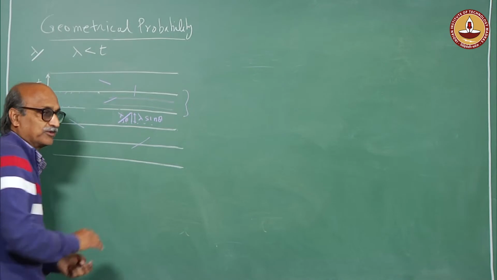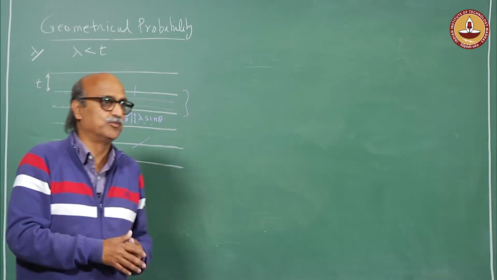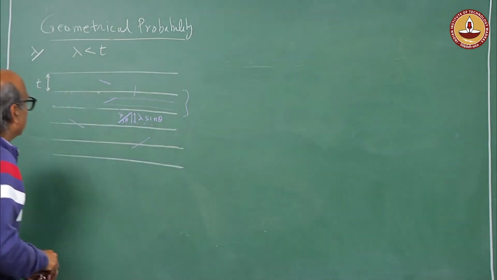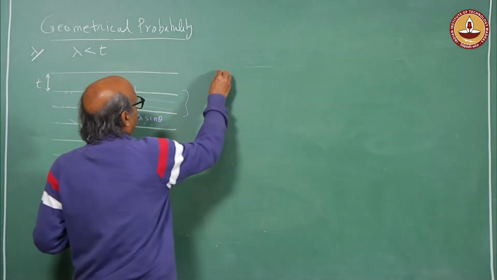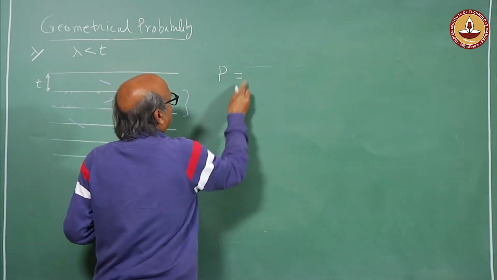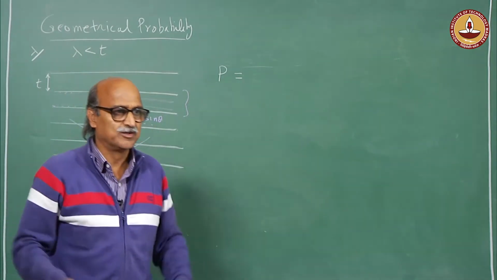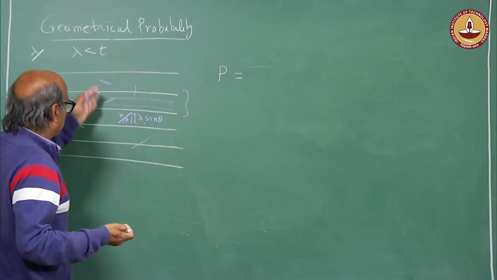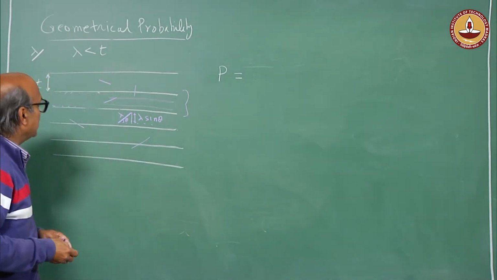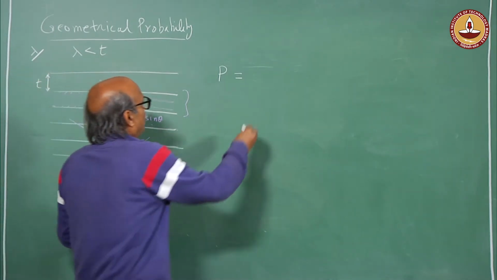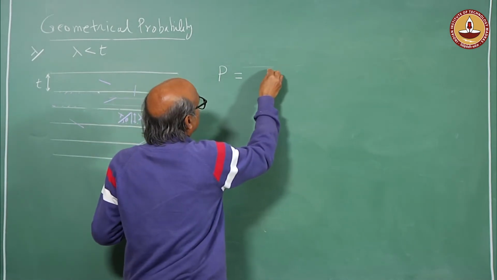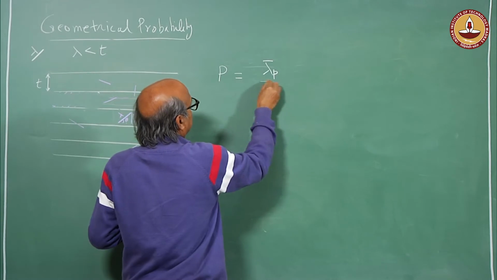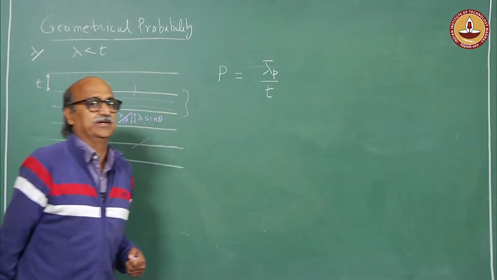But it is not constrained, theta can take any random orientation. So, the answer lies in this: what is the probability that a randomly thrown needle which falls in a random orientation would intersect one of the lines? That probability then would be the average projected length upon t.